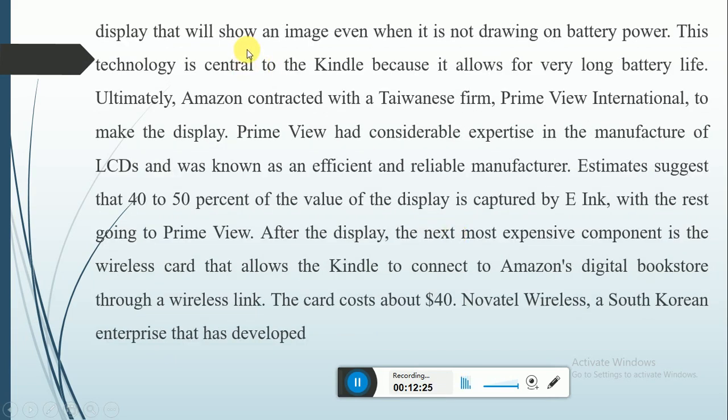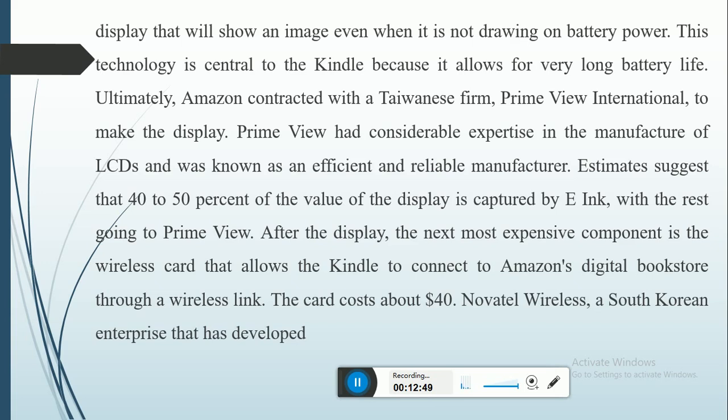Now let's see. The display will show an image even when it's not drawing on battery power. This technology is central to Kindle because it allows for very long battery life. Because people are reading more books, they need a battery that lasts long, because they're going for a trip, they're going for a picnic, they might not have access, for example, to electricity.